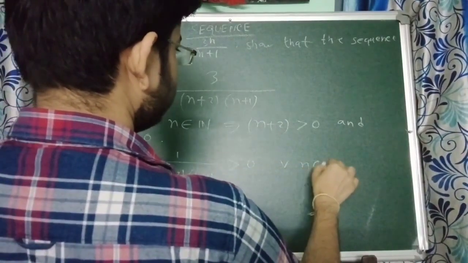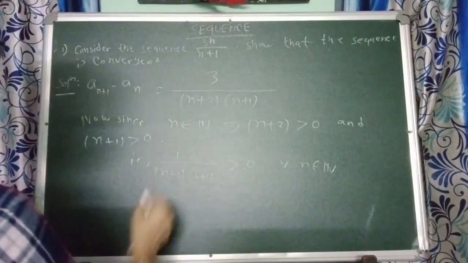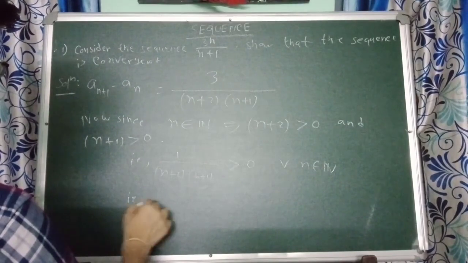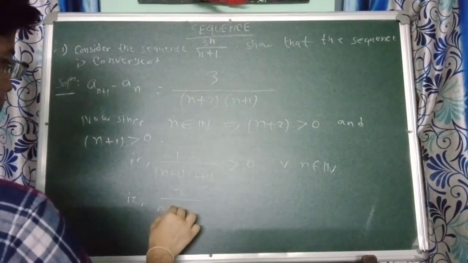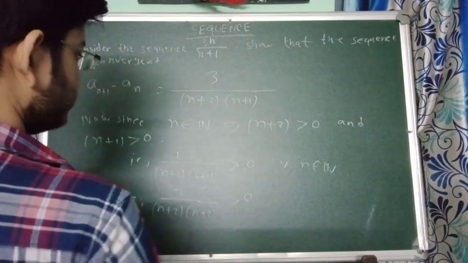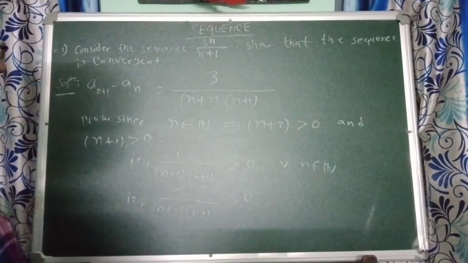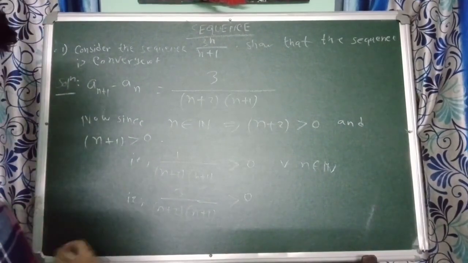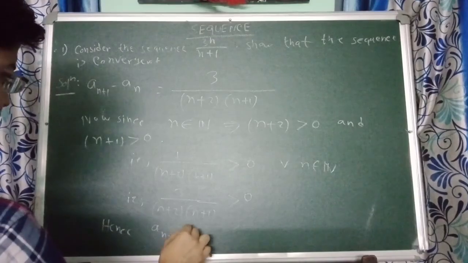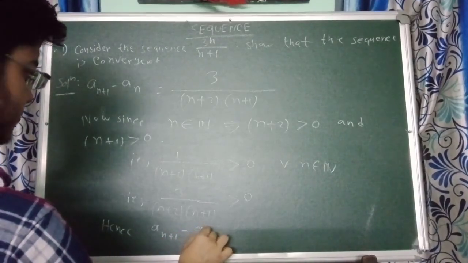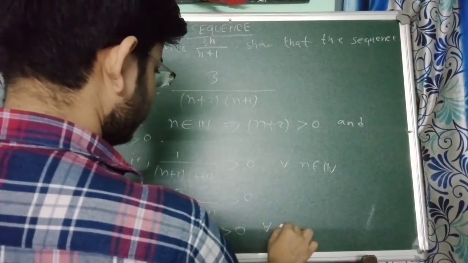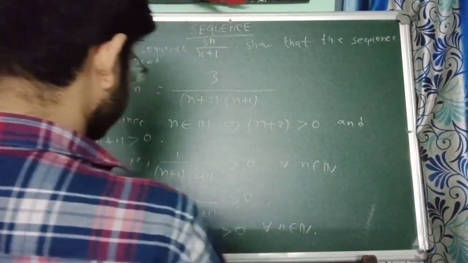And also 3 is a positive quantity, so 3 divided by n plus 2 into n plus 1 is also greater than 0. So this is a positive quantity, hence a_(n+1) minus a_n is greater than 0 for all n belonging to natural numbers.